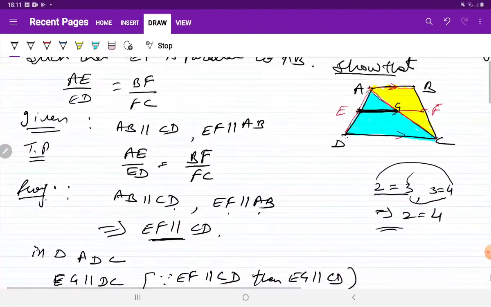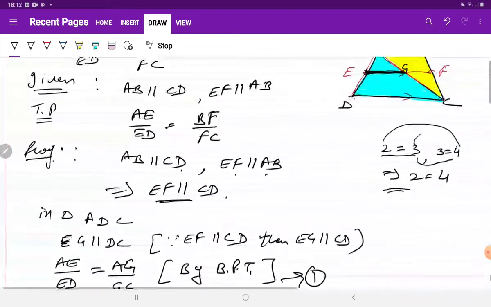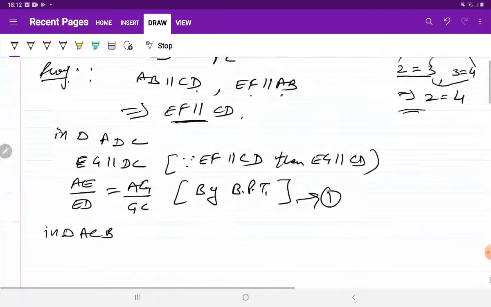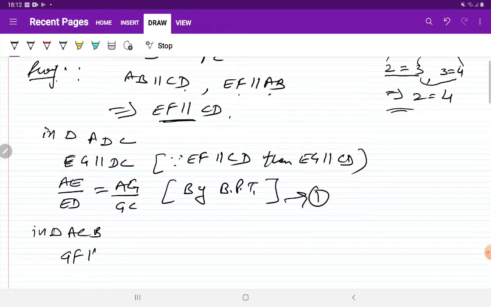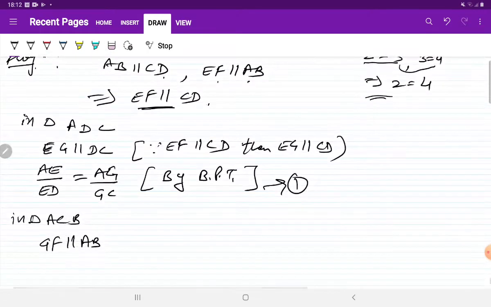Now come to the second triangle. First I took ADC. Now I am taking ACB. Now in triangle ACB, which two sides are parallel? GF is parallel to AB. How is GF parallel to AB?